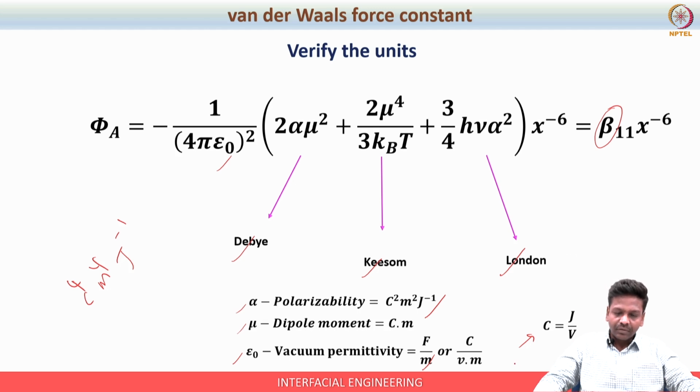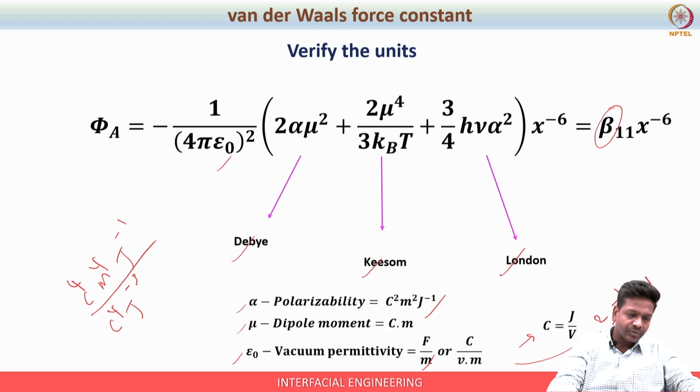So you can also write this equation in terms of Coulomb. If you replace volt with Coulomb and joule, you will have Coulomb square, joule power minus 1 and meter power minus 1. Because we have epsilon naught square, this will be Coulomb power 4, joule power minus 2 and meter power minus 2.